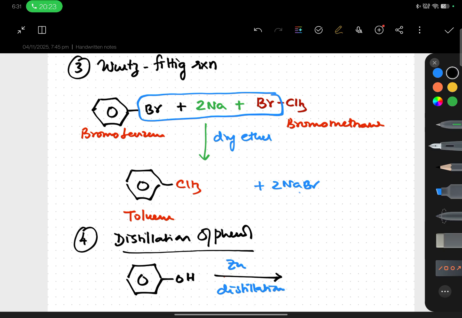So what will happen? The zinc will take the oxygen and becomes zinc oxide, and finally you will get benzene ring. So this is phenol, this is benzene. Make a note, ma.